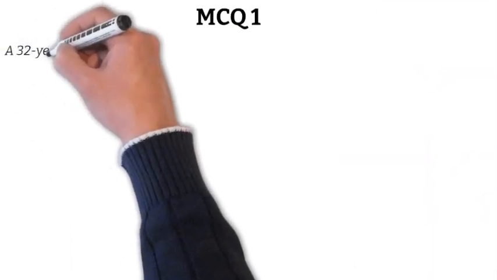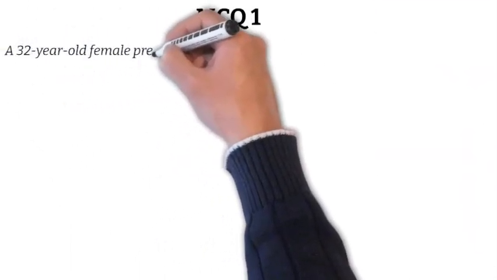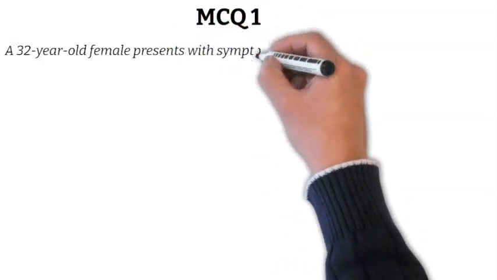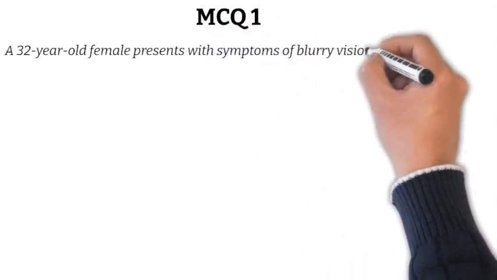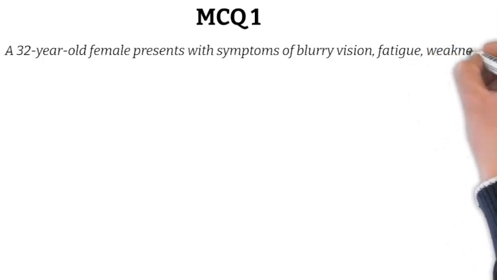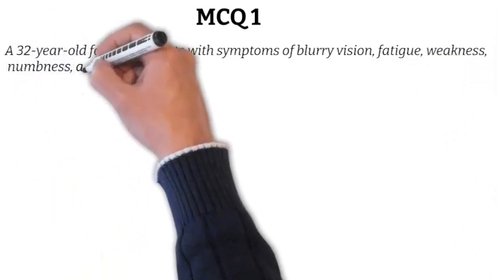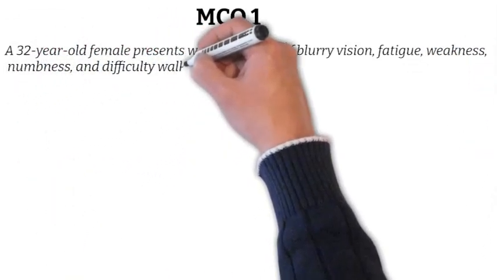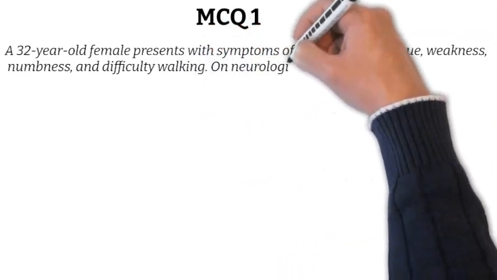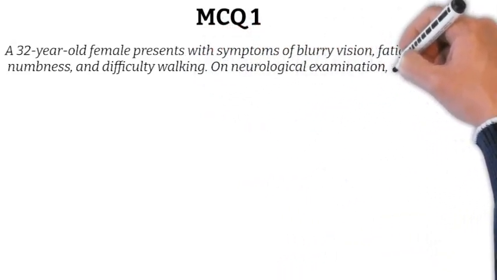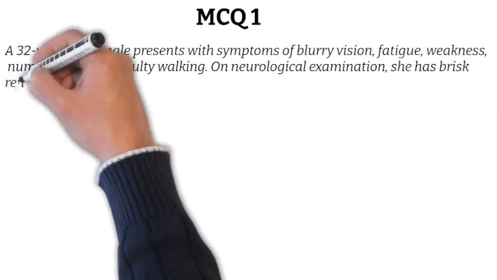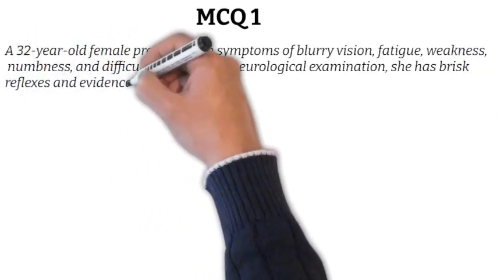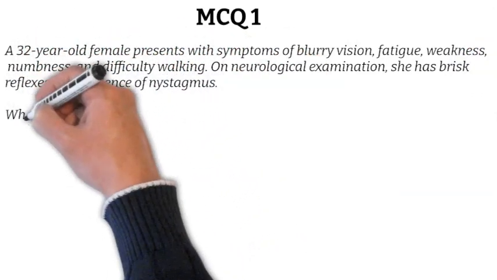Okay, so let's do some MCQ or multiple choice questions. We have a 32-year-old female who presents with the symptoms of blurry vision, fatigue, weakness, numbness, and difficulty walking. On neurological examination, she has brisk reflexes and evidence of nystagmus.